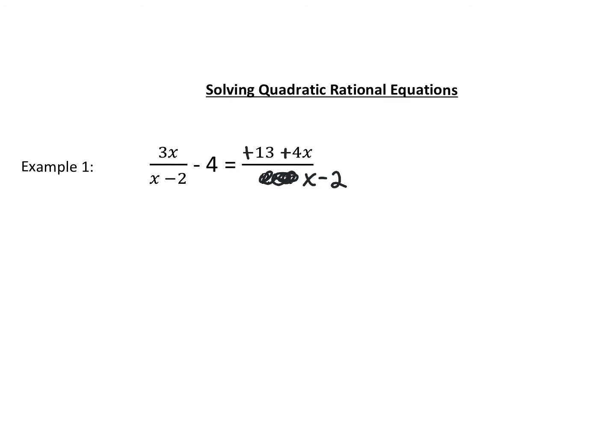So think back to last class. How do I start something that looks like this? I need to look at the denominators. We see that the first one is x minus 2, right? What about the second one? 1, and the third one. So what will x minus 2, 1, and x minus 2 all go into?